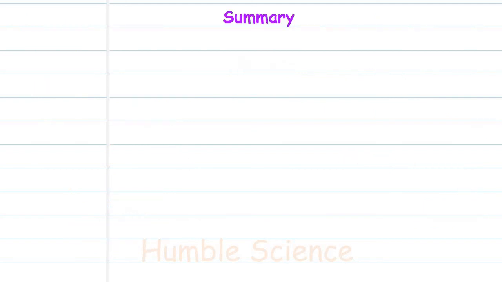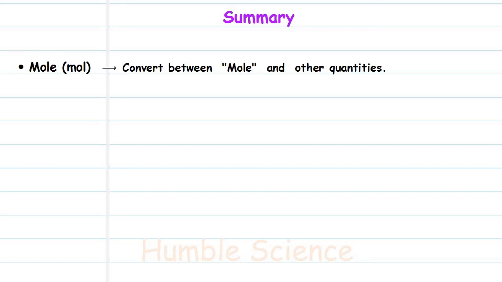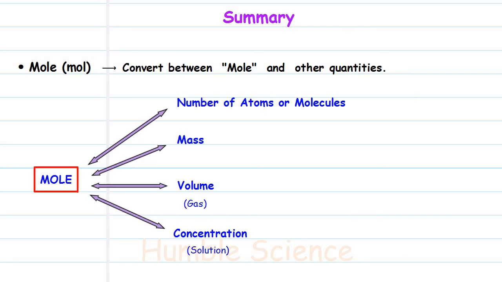So let's try to summarize what we learned so far in this video. We learned a lot about mole. We also learned how to convert between mole and other quantities. To convert between mole and the number of atoms or molecules, we can use mole equal to big N over Na.